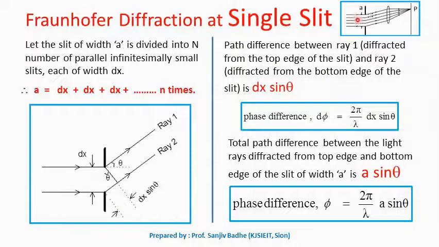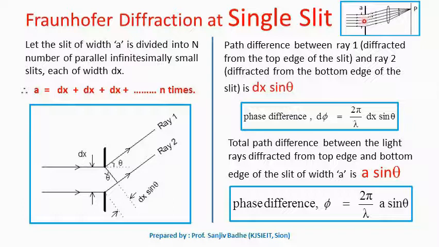So here we are making the parallel rays of light incident on a single slit of width A. The light rays which are diffracted at an angle theta arrive at point P on the screen. We want to find out the intensity of light at point P. Here we will make one assumption.